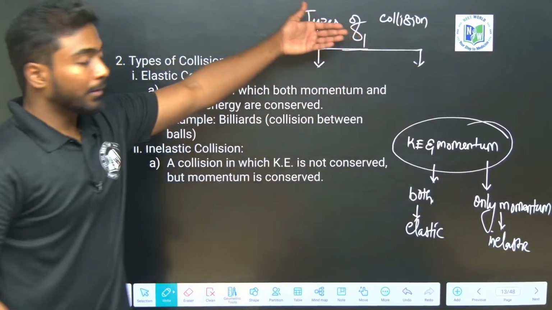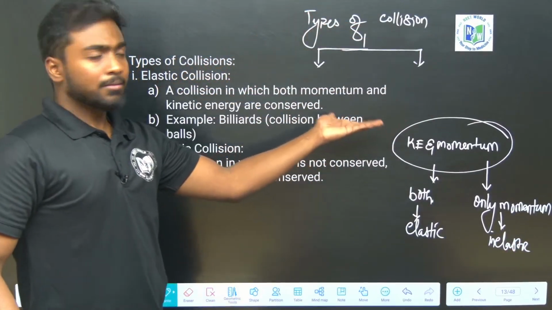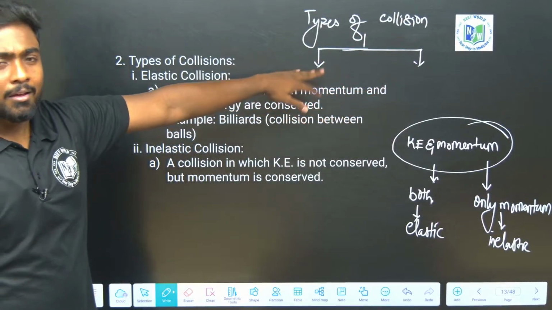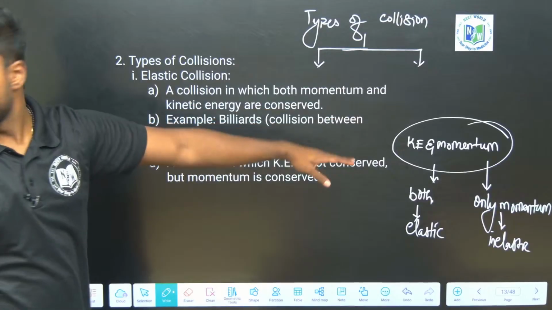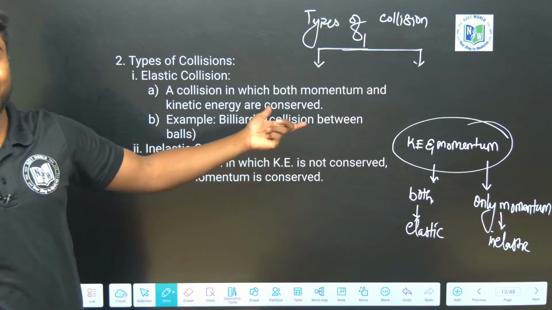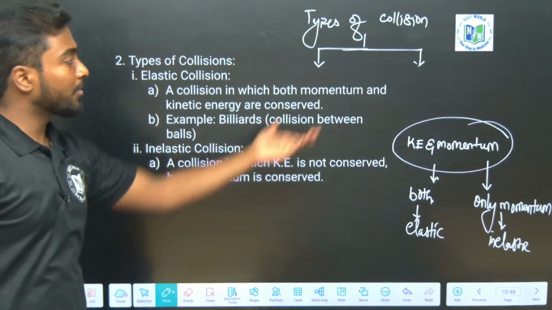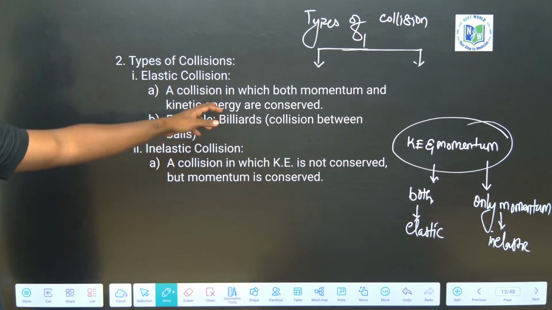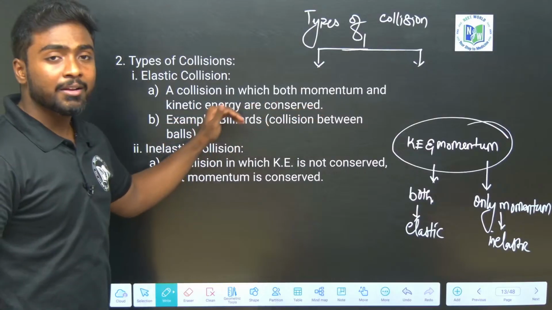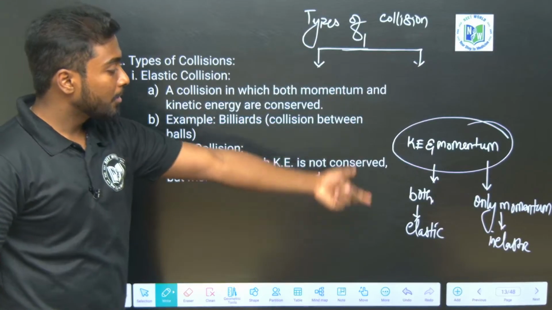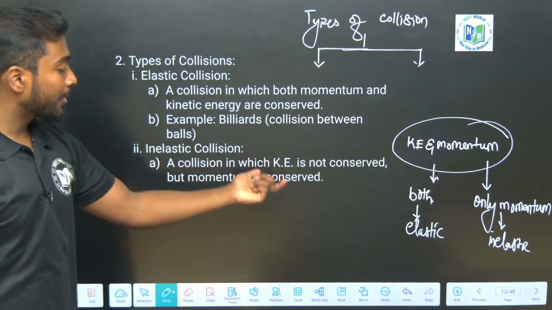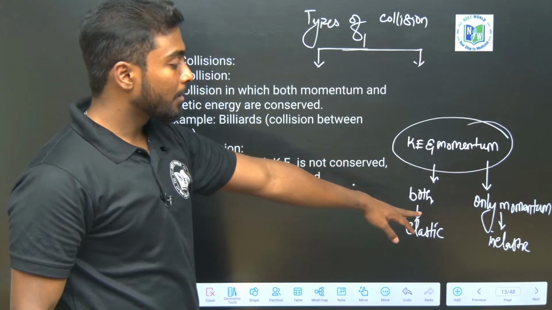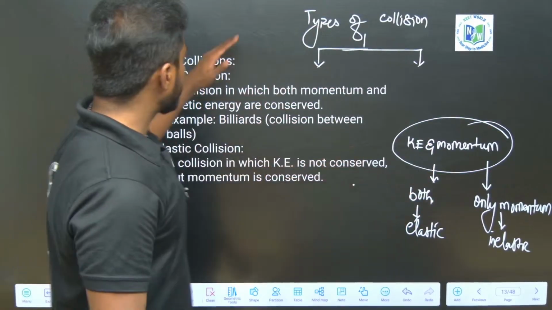You can draw a tabular column also, or a splitting table. You need to analyze whether you write like this or like this, anything is fine. So a collision in which both momentum and kinetic energy are conserved is elastic. When only momentum is conserved and kinetic energy is not conserved, it's an inelastic collision. These are the two types.